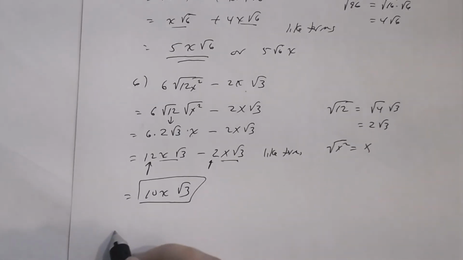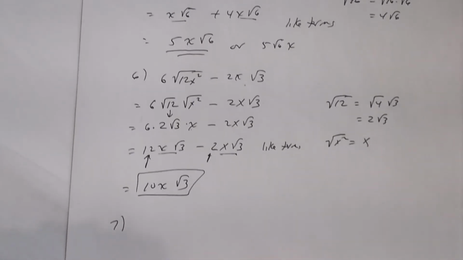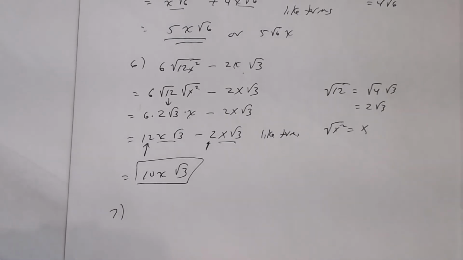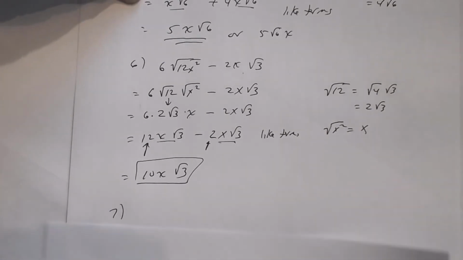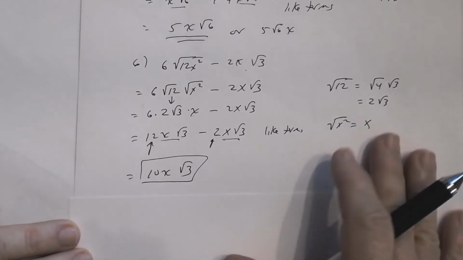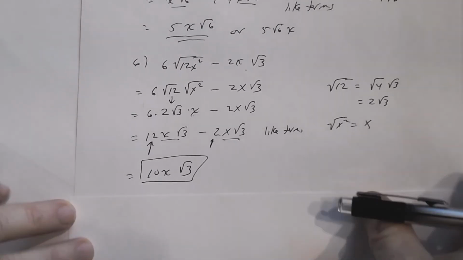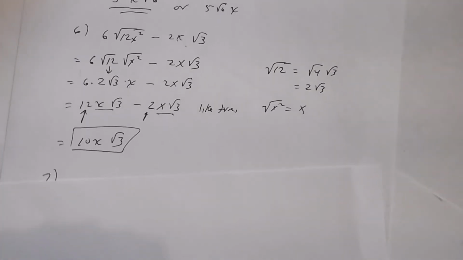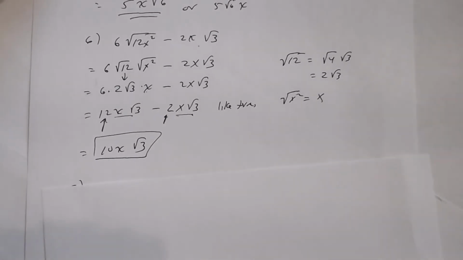Okay? Number 7. Number 7, let's suppose, and let me use another sheet of paper for number 7. So number 7, let's suppose we have this. All right, let me move this over.